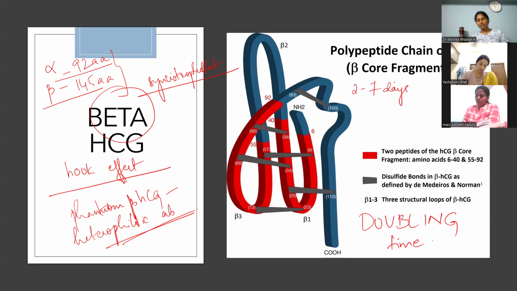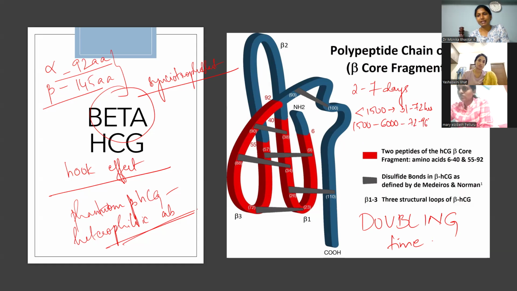So how does it change? As the pregnancy advances, the doubling time increases. If the beta HCG value is less than 1500, the doubling time will be between 31 to 72 hours. If it is between 1500 to 6000, the doubling time will be 72 to 96 hours, that is 2 to 3 days.